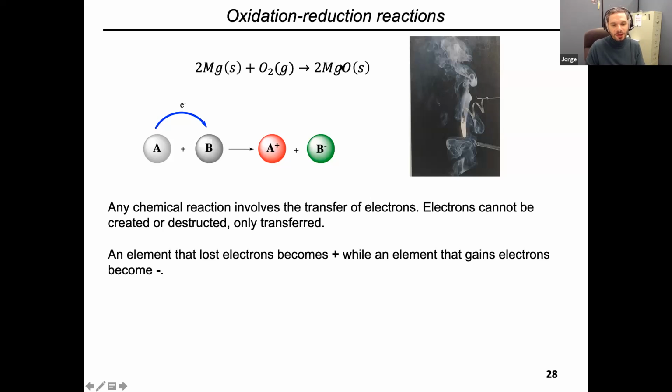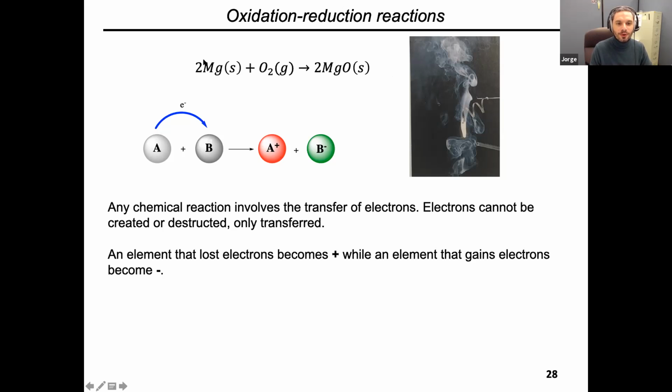Any chemical reaction involves the transfer of electrons. Okay, so we are going to rearrange the atoms and also transfer electrons from one species to another species. Electrons cannot be created or destroyed, only transferred. Attention with that.